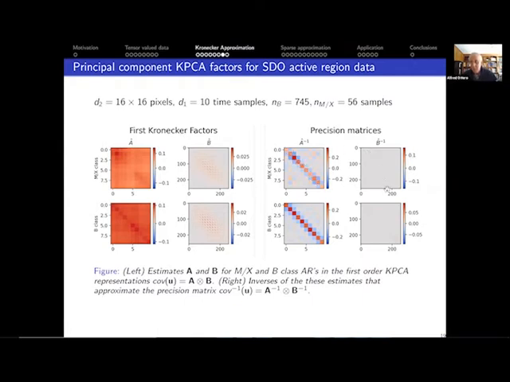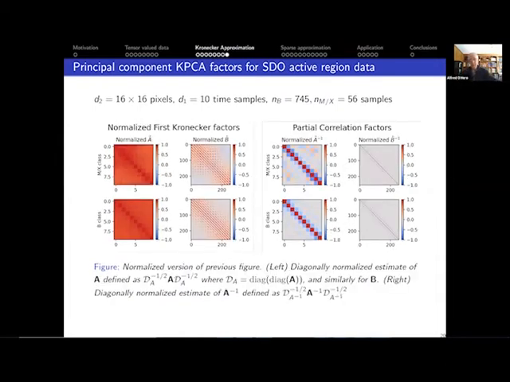And then we have what looks like maybe pentadiagonal structure in space. So this looks promising. If we normalize these so that we look at the so-called partial correlation, where the diagonals of all the variances are normalized to 1, and all of the elements of the inverse covariance are normalized to 1, then the situation looks a lot clearer.